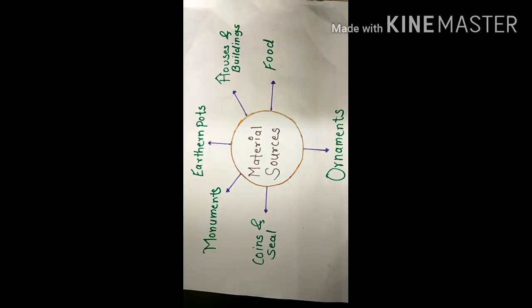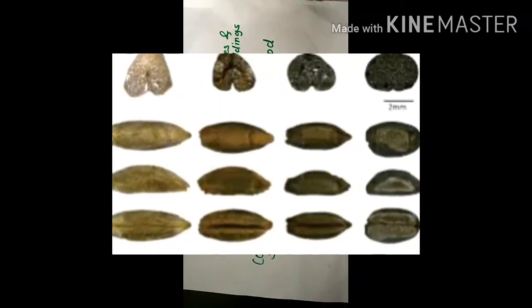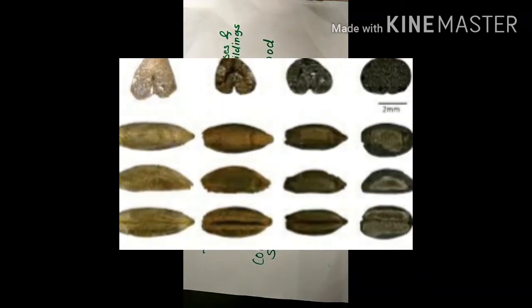Third, the food. In ancient times, people used to roast food grains before grinding them. If a few grains got charred, charred means burnt, जळून कोळसा झालेले, while roasting they were thrown away. Such charred grains can remain intact for a very long period.